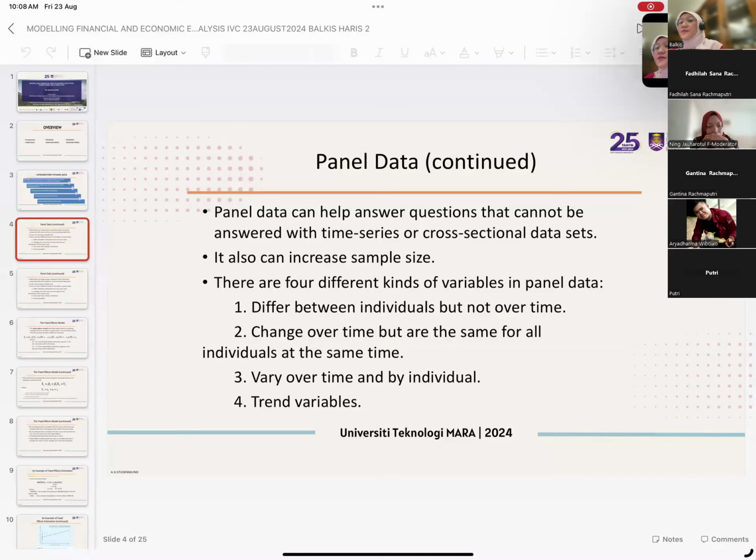And there are 4 different kinds of variables in panel data. One differs between individuals, but not over time. Another changes over time, but is the same for all individuals at the same time. The third varies over time and by individual. And the fourth is trend variables.